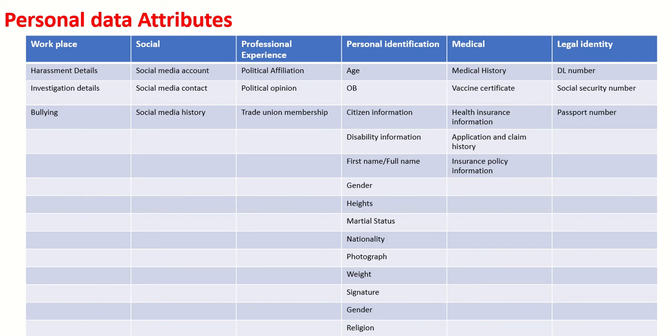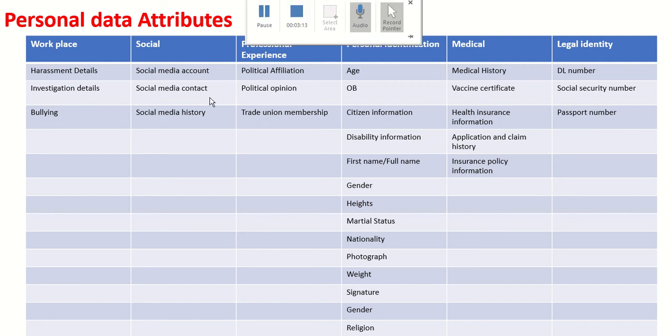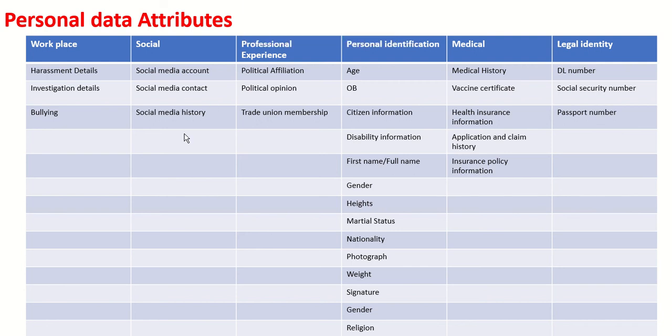These come under personal attributes. Then your professional experience, political opinion, political affiliations, and trade union membership come under personally identifiable information or personal data.